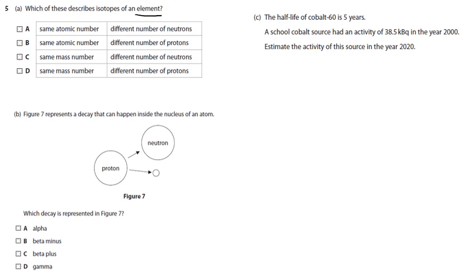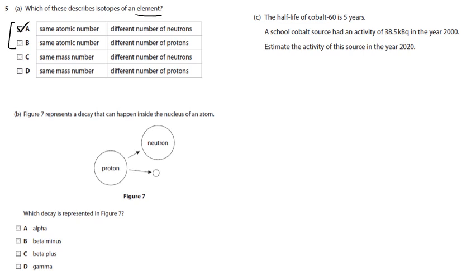That doesn't change, it's the mass that's changing. So they must have the same atomic number, so it must be one of these two. And the atomic number is the number of protons, so B doesn't make sense. You can't have the same atomic number and a different number of protons, so it must be the number of neutrons that's different. So A is the correct answer.